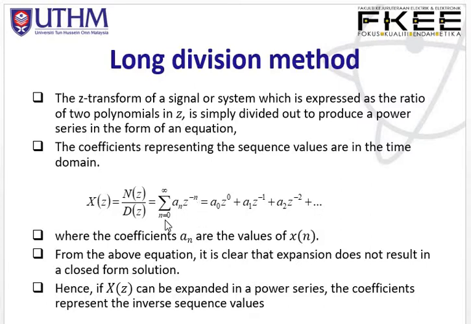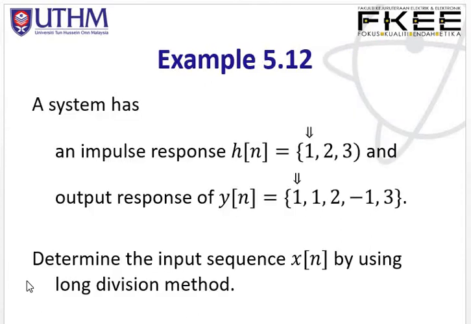When n equals 1, all the n will be substituted with 1. And a_n is the coefficient of the value of x[n]. So if X(z) can be expanded in a power series like this, the coefficient represents the inverse sequence value.